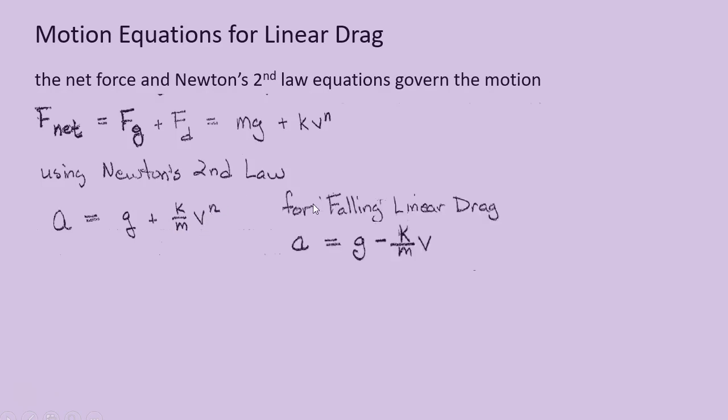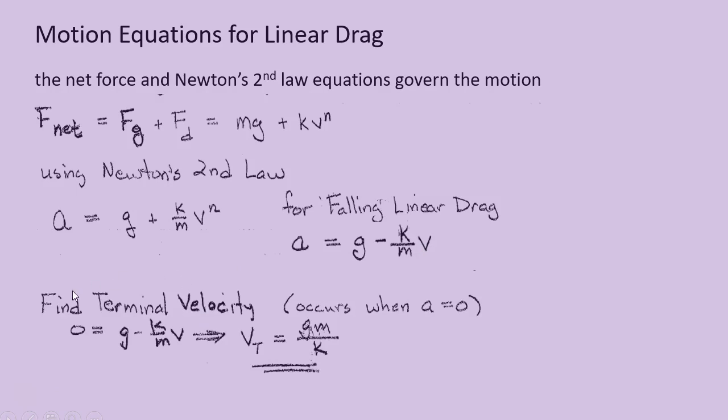Now, if we take a look for falling linear drag, the nth power is 1, and we're subtracting the velocity term. So that lets us know that the acceleration is equal to g minus k divided by m times the velocity. So to find terminal velocity, we can solve this equation for v when the acceleration is 0.